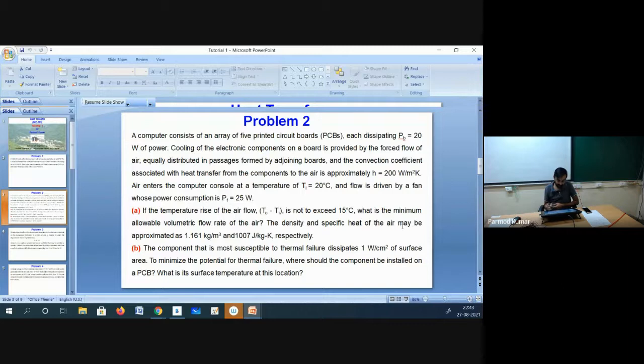The density and specific heat of the air are given. The second part is to determine the component most susceptible to thermal failure, which dissipates power at the rate of 1 watt per centimeter square. To minimize the potential for thermal failure, where should this critical component be installed on the PCB, and what is the surface temperature at this location?